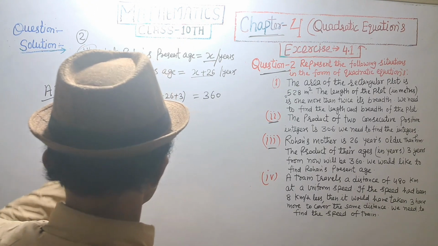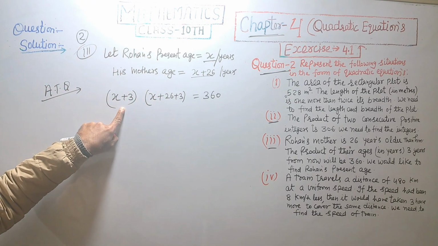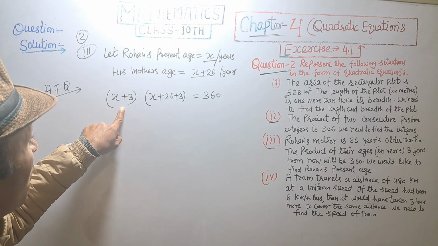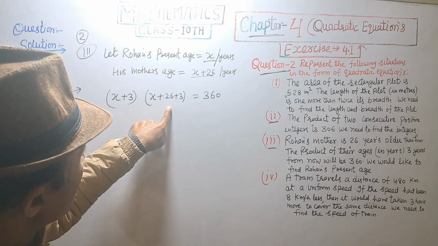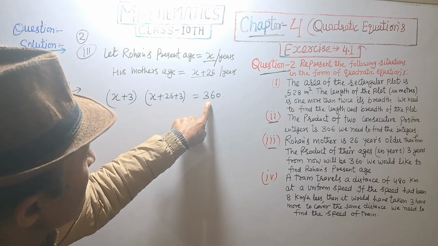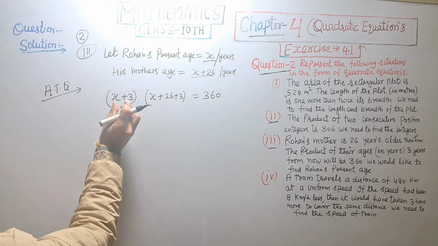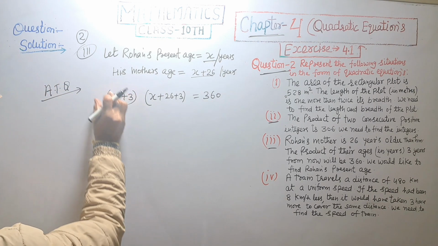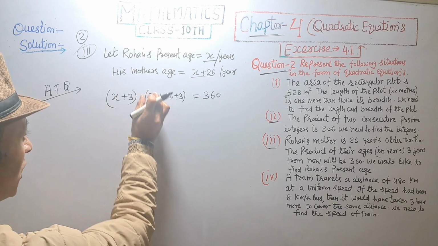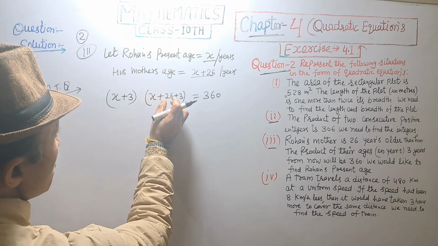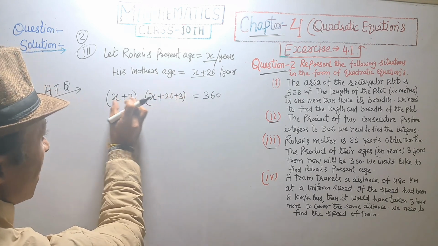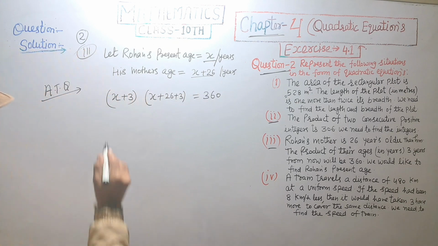According to the question, 3 years from now, the product of their ages will be 360. So (x plus 3) into (x plus 26 plus 3) is equal to 360.